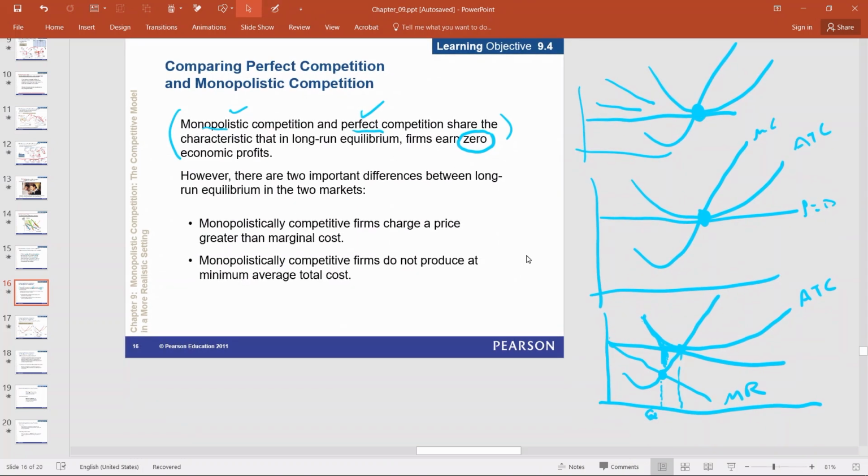So this is minimum average total cost where this quantity achieves, like this here. This is the quantity that achieves the productive efficiency, and this is the minimum cost that should achieve productive efficiency in monopolistic market.